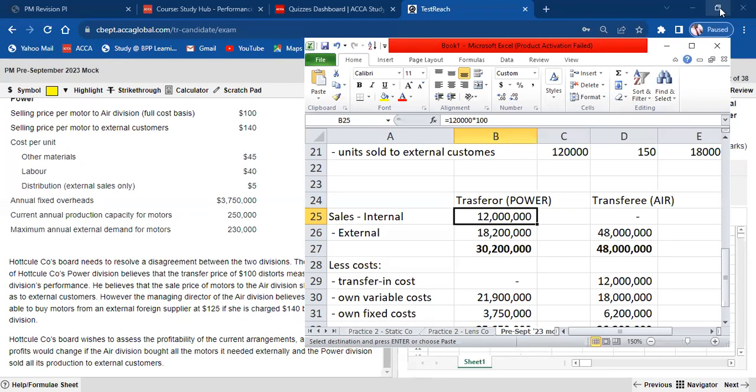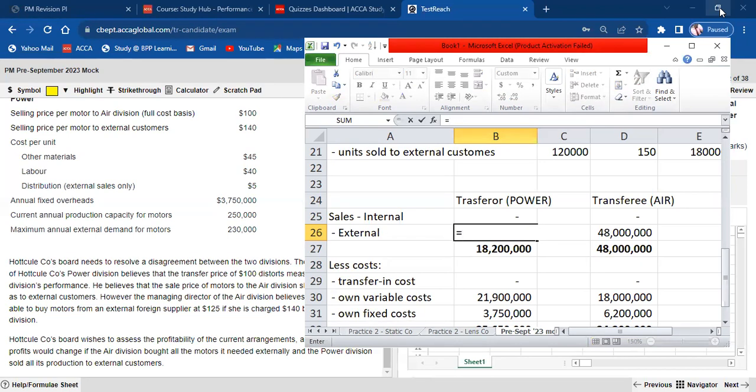Power will sell how many units internally? None. Because you have been told that the condition now is power sells everything to external customers and air buys everything it needs from a foreign supplier.